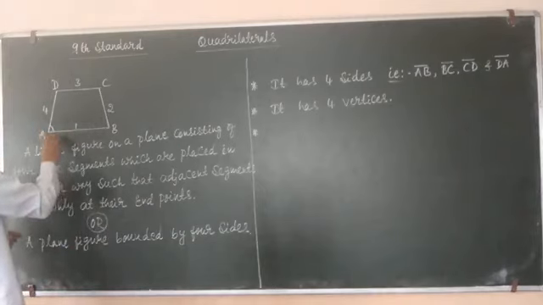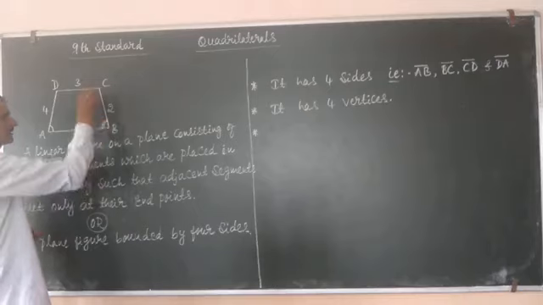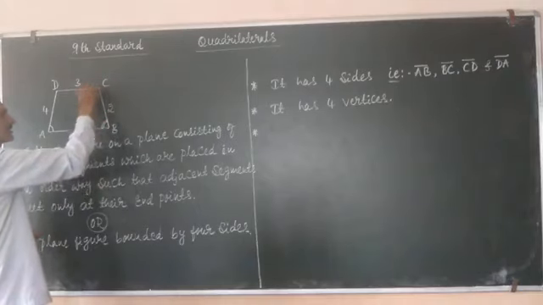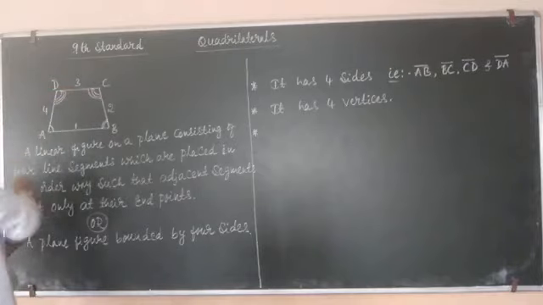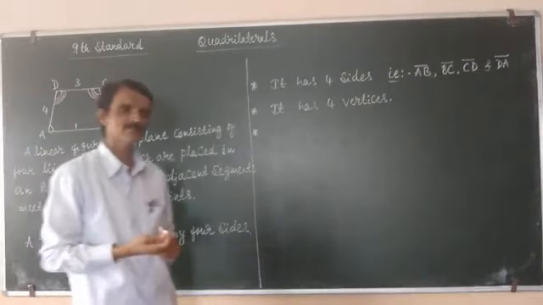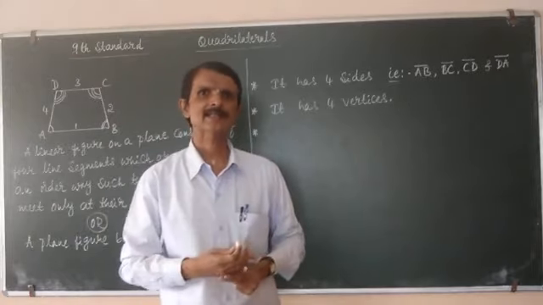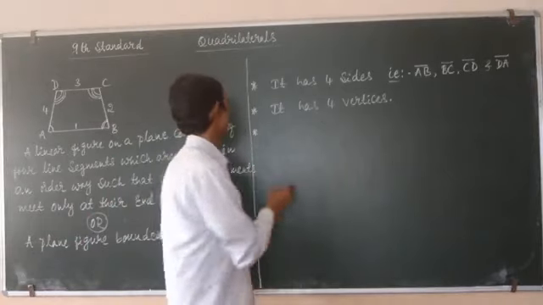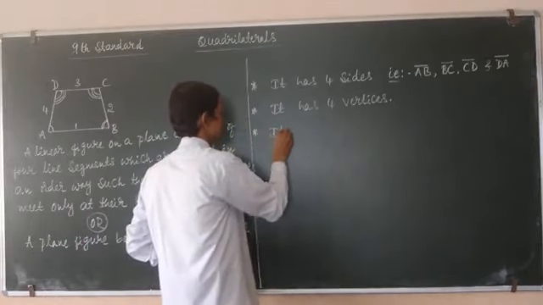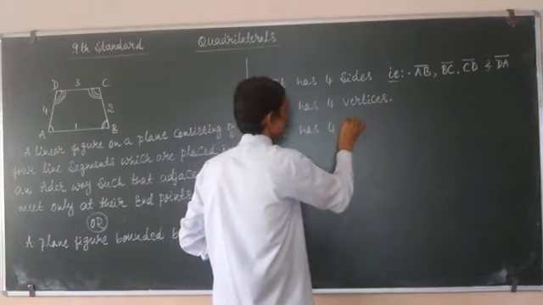This is angle A, this is angle B, this is the third angle, and this is the fourth angle. Therefore we can conclude that a quadrilateral has four angles.